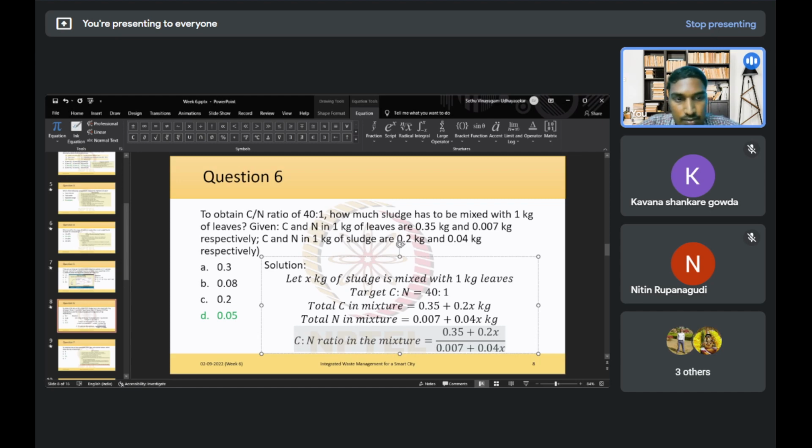So how do we find x? We equate this to the target ratio, which is 40 to 1. So this should be equal to 40 by 1.